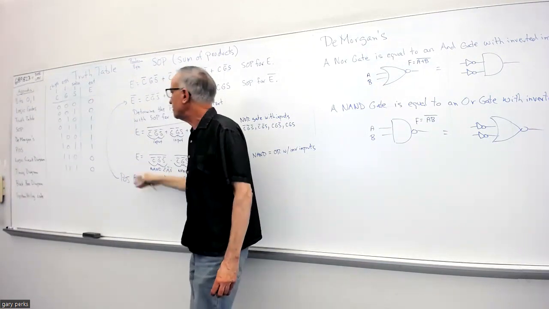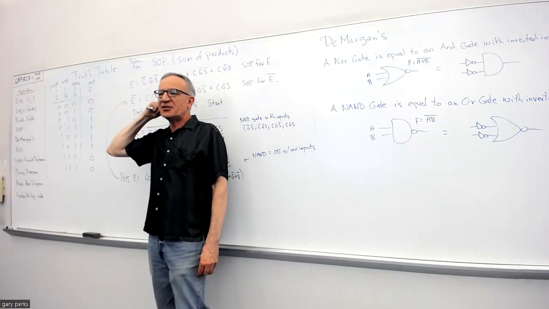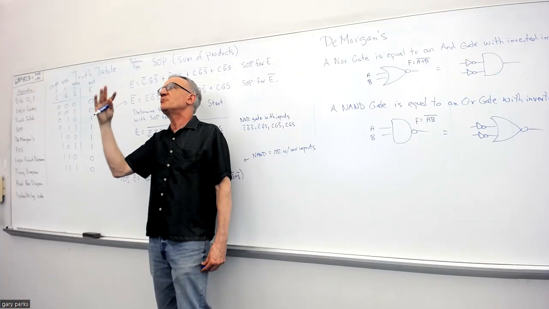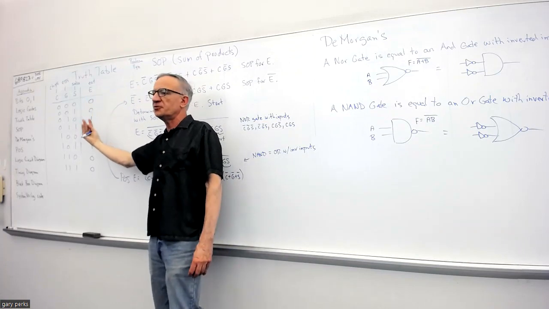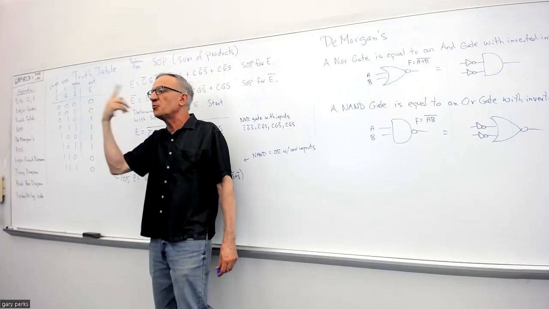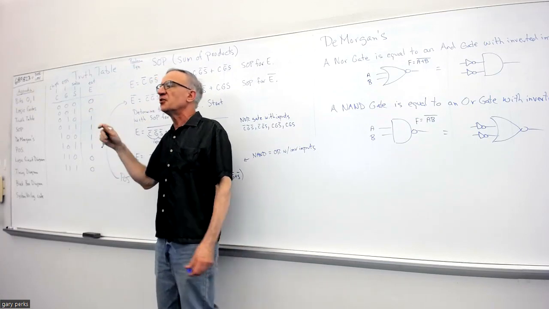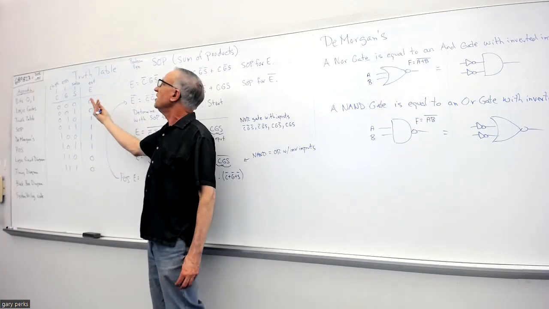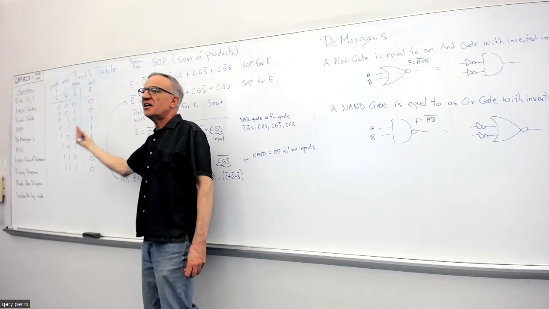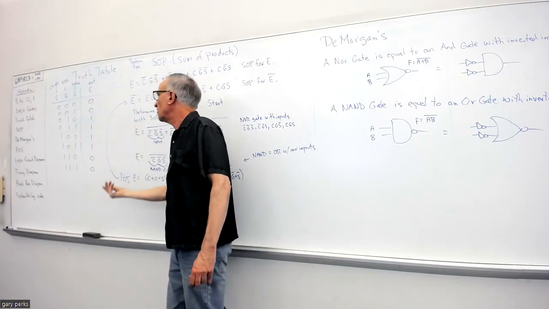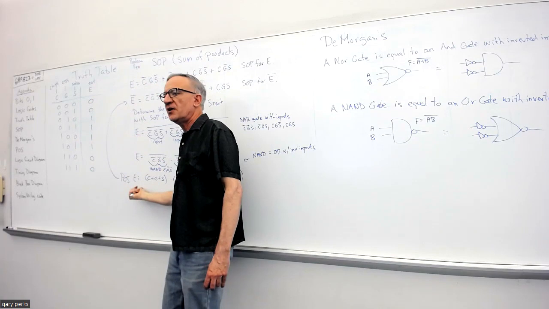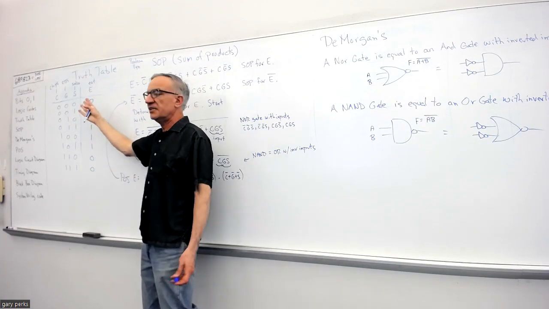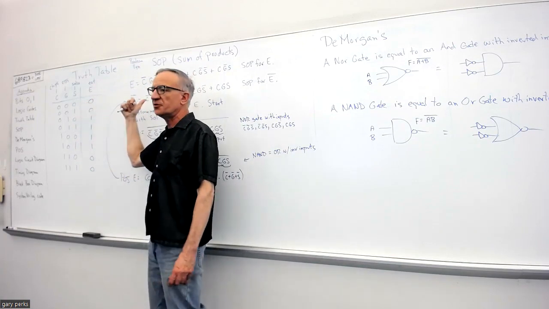The POS equation, again, unless somebody's really experienced, what's happening when they're able to go from a truth table directly to POS is they're doing the De Morgan from their head, basically. So, at the very least, I can say that it's more difficult to go directly from a truth table to POS. It's easy to go from the truth table to SOP.